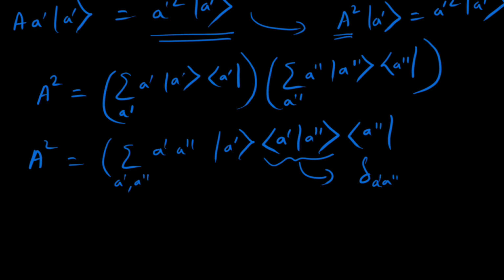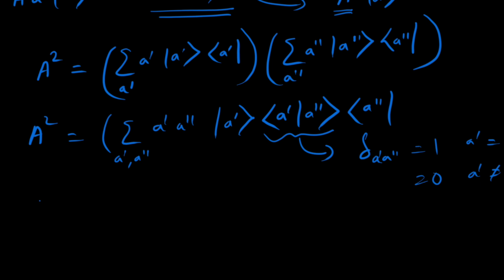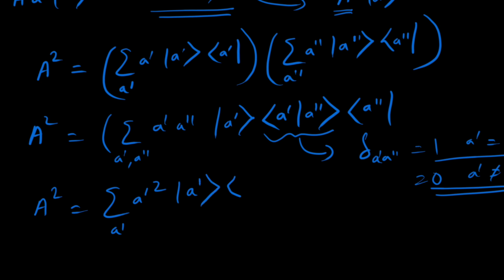So this will only give us 1 if A prime is equal to A double prime, and will give us 0 if A prime is not equal to A double prime. So we can write it as just one sum, and since all the rest of these values will be 0, we'll just consider this case. So A square we can write as the sum of A prime square, the ket of A prime and the bra of A prime.